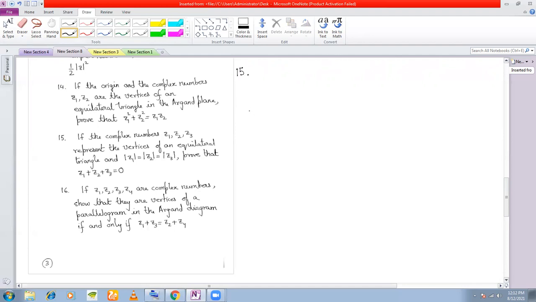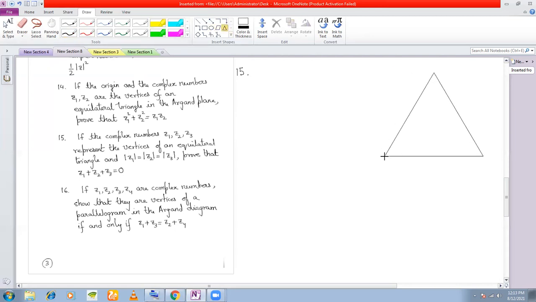Now, number 15: if the complex numbers Z1, Z2, Z3 represent the vertices of an equilateral triangle and mod Z1 is equal to mod Z2 is equal to mod Z3, prove that Z1 plus Z2 plus Z3 must be equal to 0. Okay, now let's see.